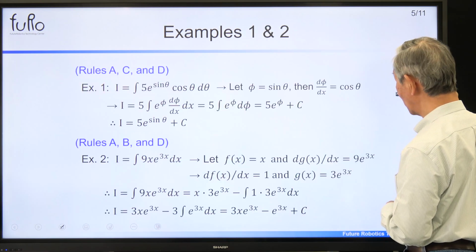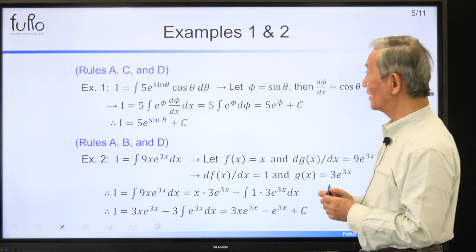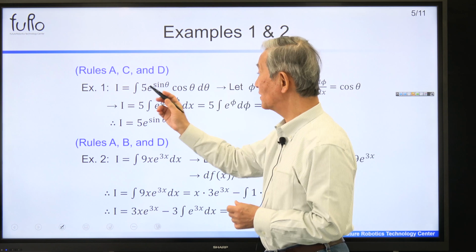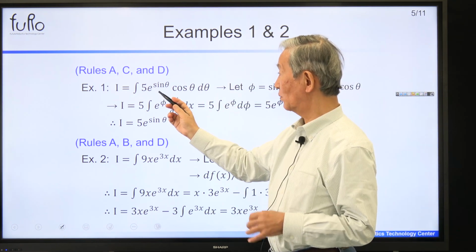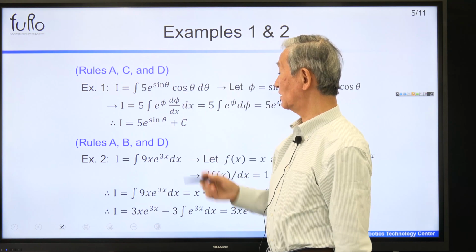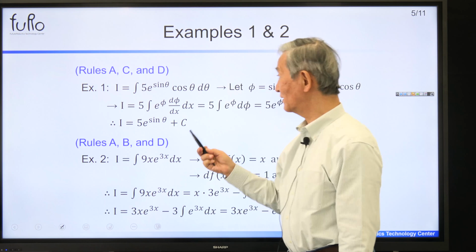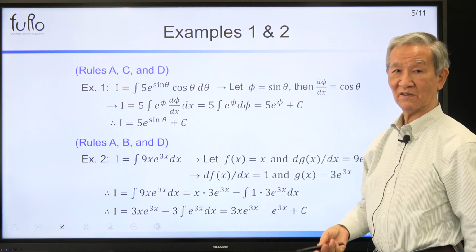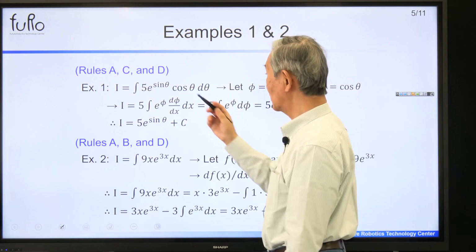Okay. So now, serious stuff. Examples 1 and 2. Rules A, C, and D, I use those. Here, we have 5 e to the sine theta power times cosine theta. And as you can immediately tell, if you differentiate sine theta, you get cosine theta.